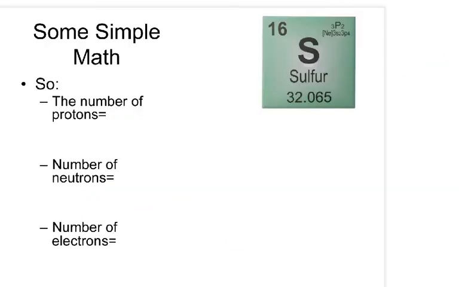I'd like to try a little practice, so we're going to do some of this with the element sulfur. The information for sulfur is pictured here. For the number of protons, remember this is the atomic number, found up here at the top, so you very simply transfer it over. That's 16 protons per atom of sulfur.